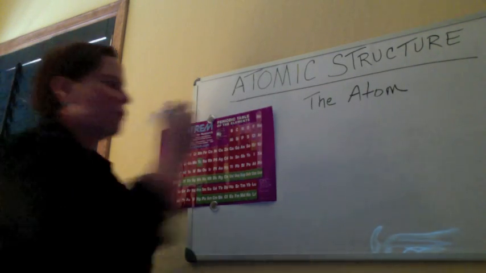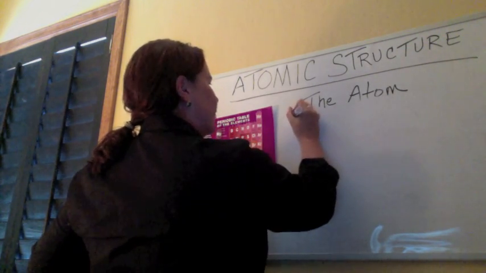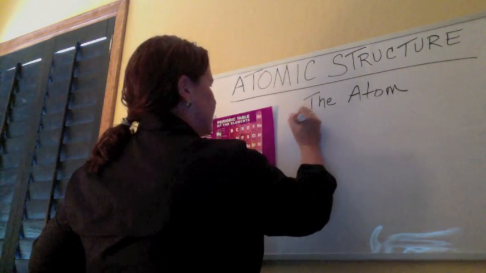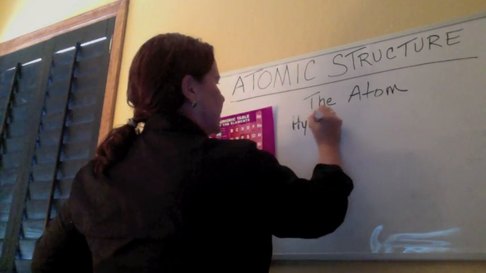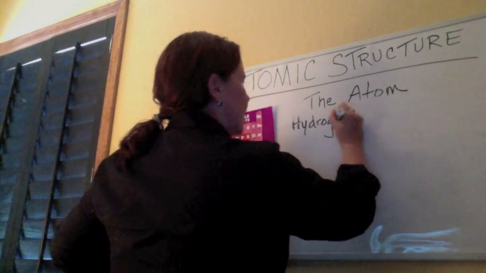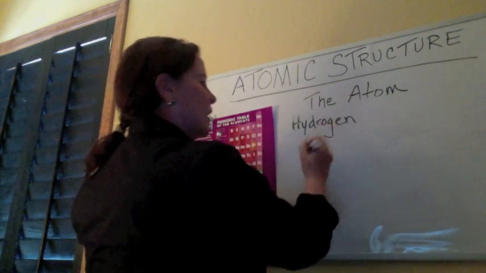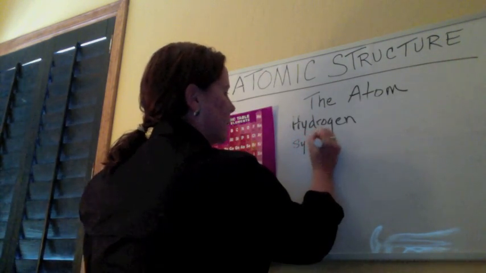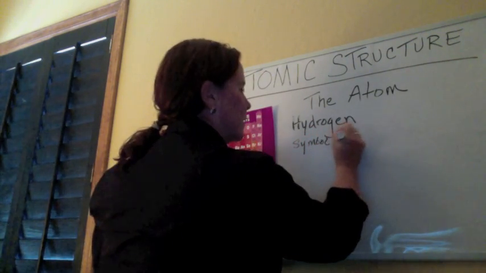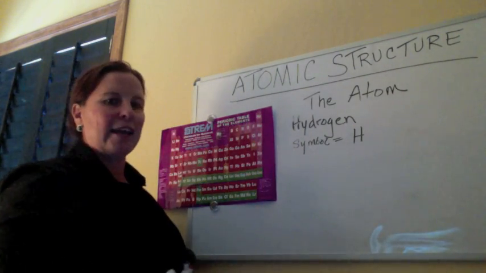So the next thing I'd like you guys to write in your notebook is, let's write first, we're going to do hydrogen. H-Y-D-R-O-G-E-N, okay? And then I want you to write underneath it symbol, and that's H.